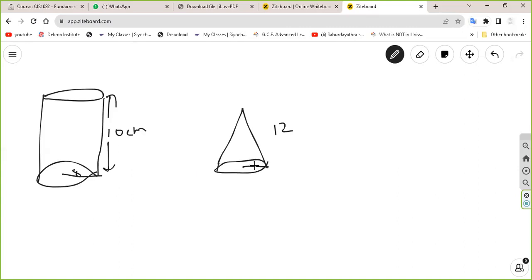We can take the radius of the cone as r.